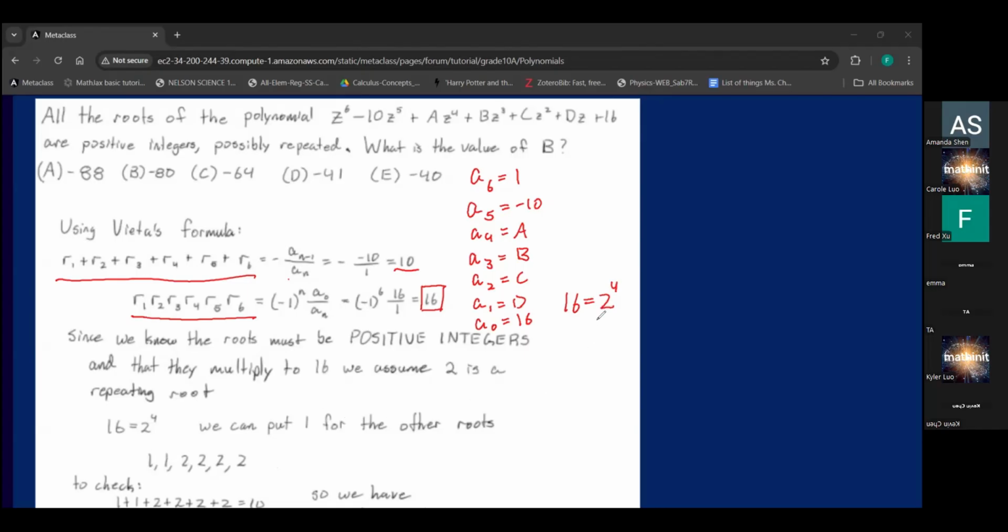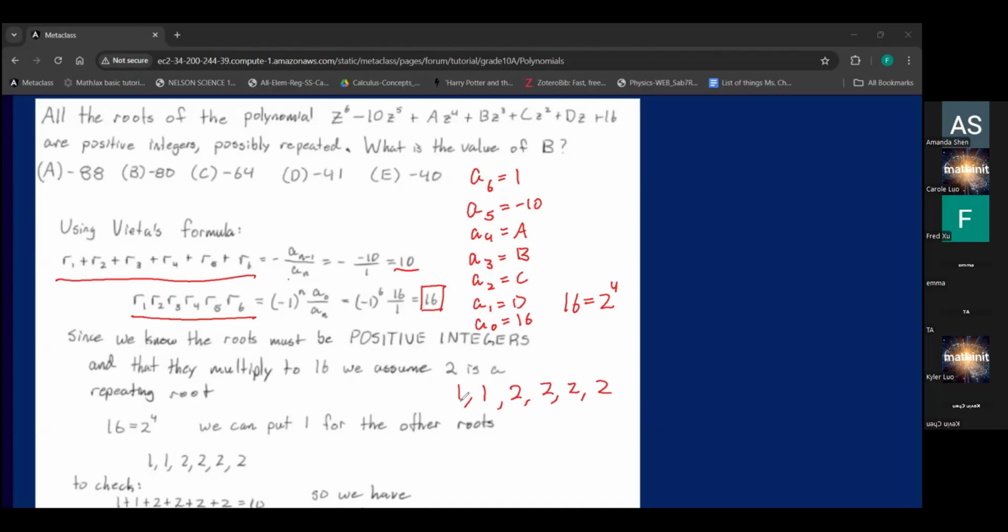Since we already have four 2's, we can just add two more 1's, because 1 times anything is just itself.